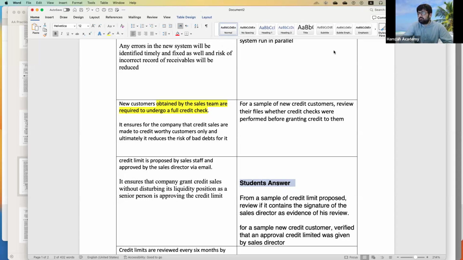Yes, please. Anyone else? So you want to show your answer to the examiner directly, not to me. Okay? Is it like that? Tell me. You want to take that risk, that we will not show answer to Mr. Hamza, we'll show answer to the examiner directly, that if I'm making a mistake, my chances of failing the exam are maximum.